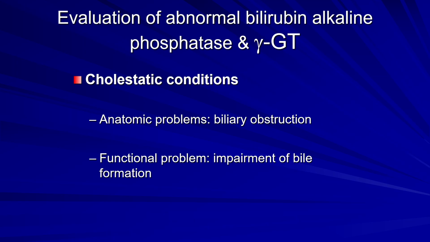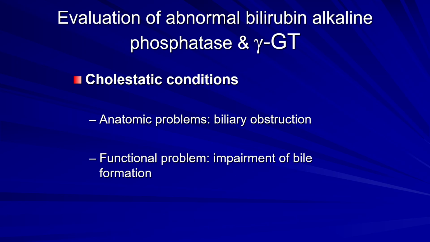So whenever you encounter a patient with cholestasis, i.e. itching, jaundice, decolored urine, fatigue, and that person has increased conjugated bilirubin, increased alkaline phosphatase, and increased gamma GT, this is a cholestatic condition.